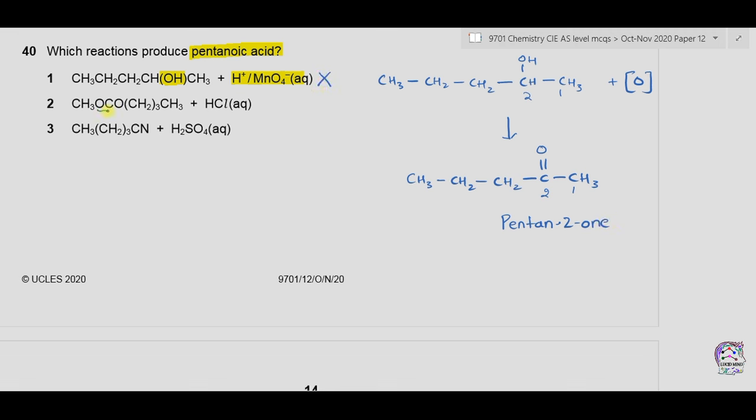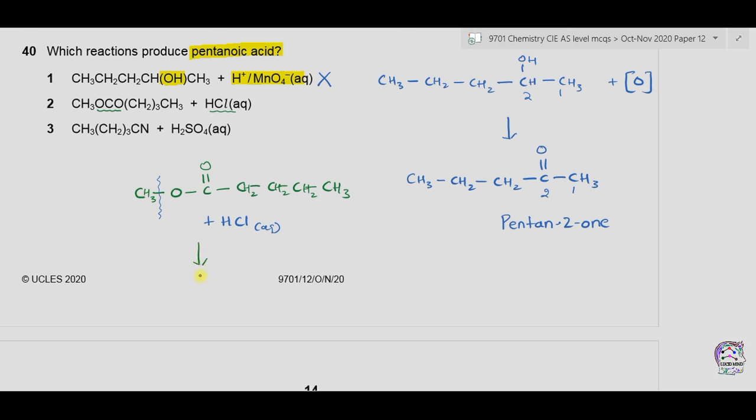Option 2, we have ester functional group and acid hydrolysis is taking place. Let's draw the structure of second one. We have carbon, oxygen, then carbon double bonded with oxygen, then we have 3 CH2 and 1 CH3. Upon acid hydrolysis with HCl aqueous, what happens is that the bond between oxygen and carbon will break and carboxylic acid along with alcohol will be formed.